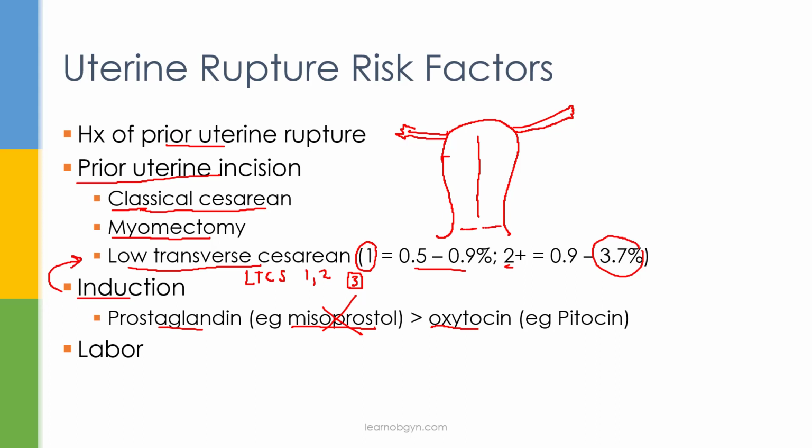You are allowed to use oxytocin or pitocin, but there is still a slight increased risk of uterine rupture. And the last risk factor I want to talk about is labor. So being in labor with a prior cesarean section or uterine scar increases risk of rupture. That being said, it is possible to have a rupture even when you're not laboring, but typically most ruptures occur in the setting of contractions and labor.